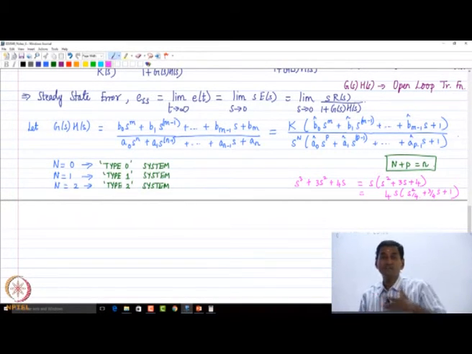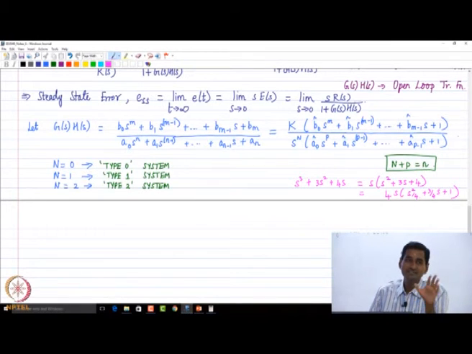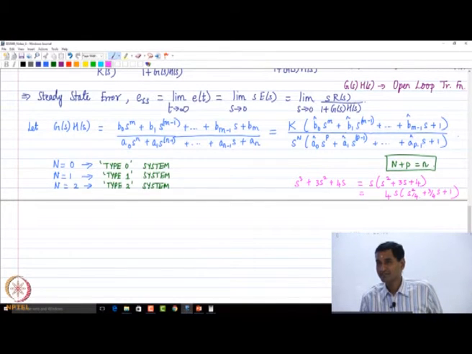Of course, I am assuming that there are no pole-zero cancellations at the origin, so I am assuming that there is no zero at the origin. If you want to take s out common, then a_n is a constant which should be 0 for it. Yes, agreed. So for type 1 and higher, my original a_n should have been 0, as you can see from here.